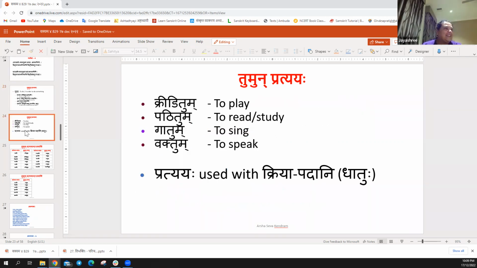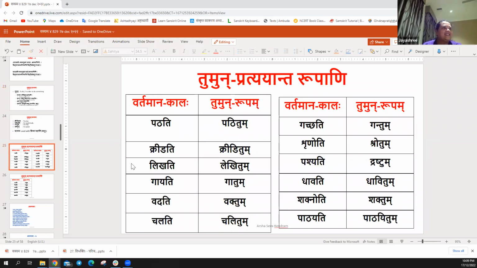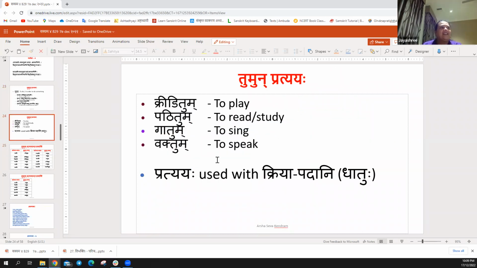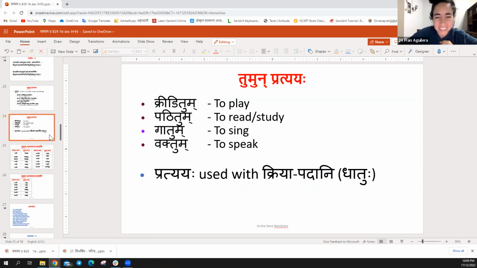We'll go through that later. I think it's here, we have all this. Vaktum. Aham Sanskritam Vaktum Shaknomi. Say Shaknomi, not na Shaknomi.